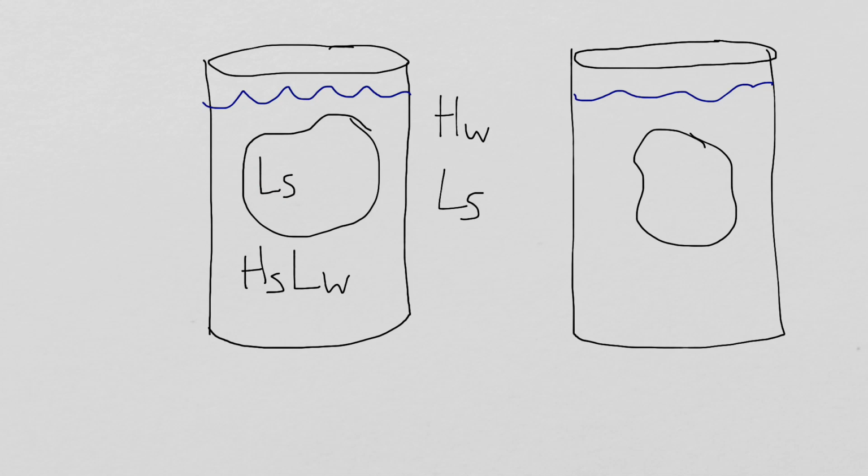And so then, if we have low water on the outside, that means we have a higher concentration of water on the inside.